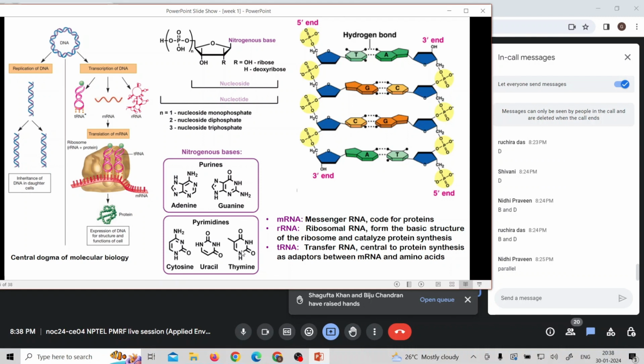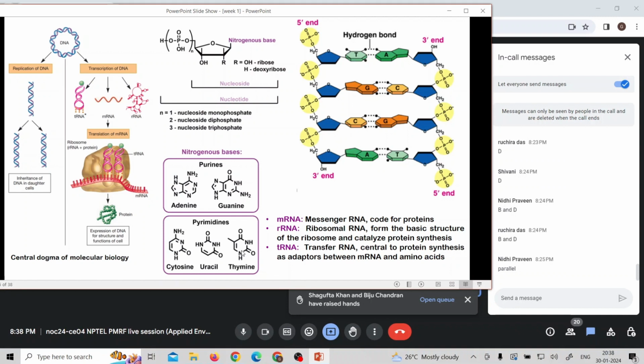It is called a nucleoside. I think now you are clear with this concept. So this nucleotide is attached to the next nucleotide. This nucleotide has a thymine nitrogenous base, whereas this has a guanine nitrogenous base. You can see that these both are bonded together with a phosphodiester bond.